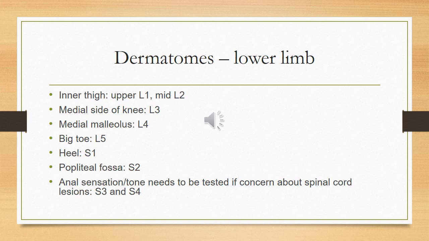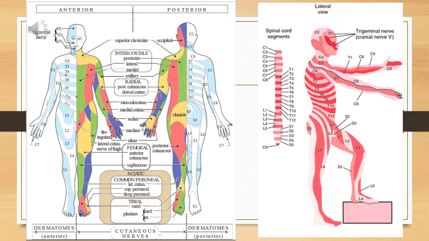Next will be a very familiar picture of the body, including the important dermatomes. This is a very familiar picture of the anterior view of the human body, the posterior and the lateral view.